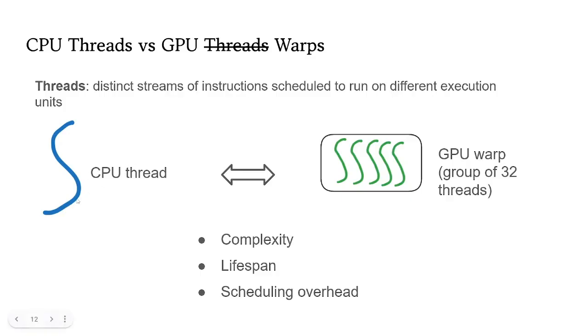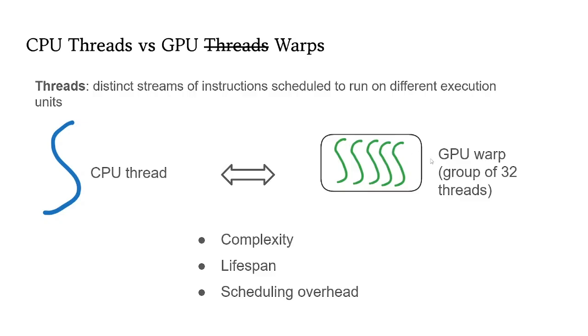The amount of overhead involved when switching CPU threads is much higher as compared to the overhead involved when swapping GPU warps. This has to do with the fact that the state of a thread is saved on registers, and we only have enough registers that once a thread is put to sleep, we often have to save the state of the thread to memory.